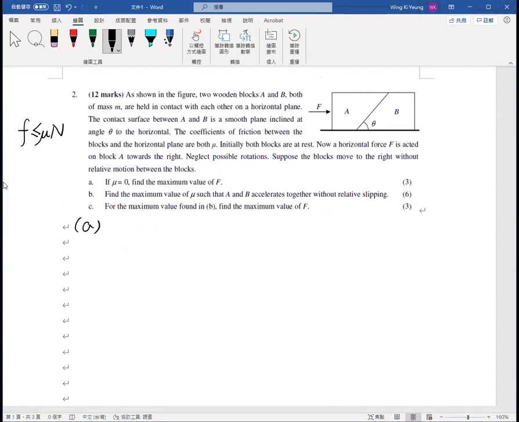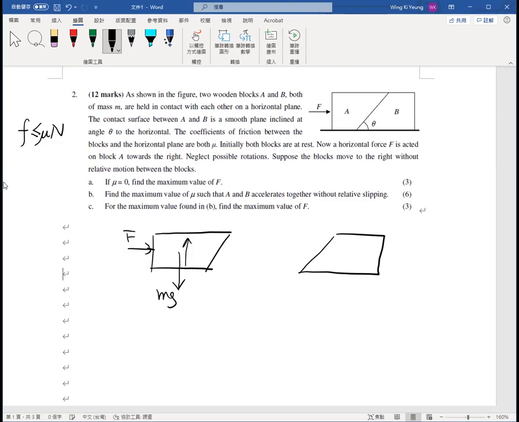For part A, the maximum value of F. So let's draw the free-body diagram. That free-body diagram is also for question B and question C. So F, and that's the weight of the block.